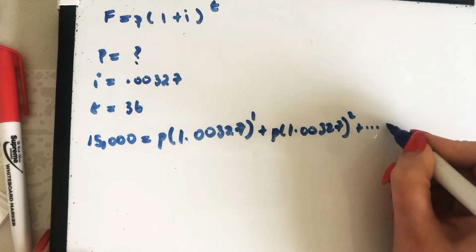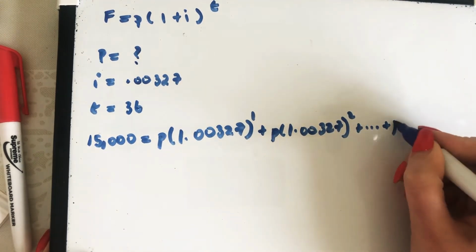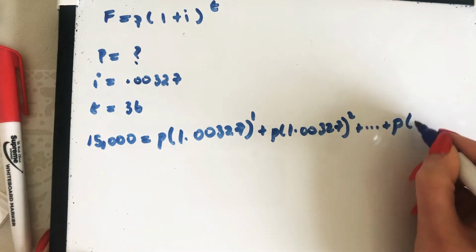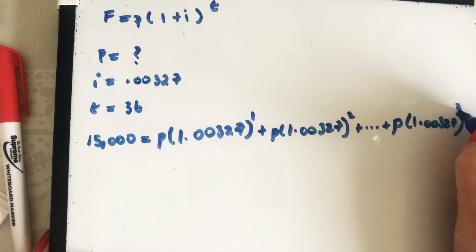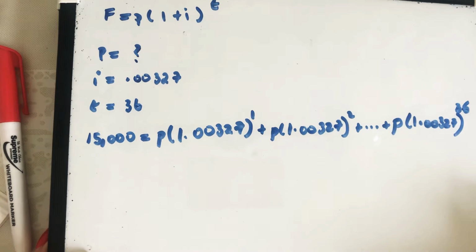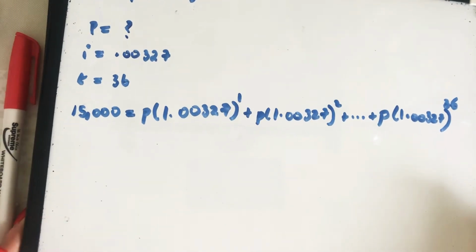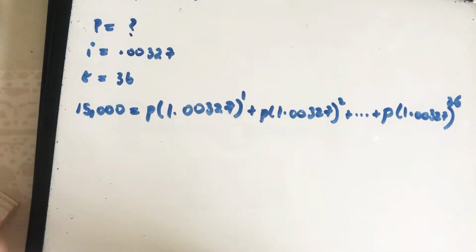And we're not going to do 36 of these, so we put a dot in between, up to P(1.00327)^36.